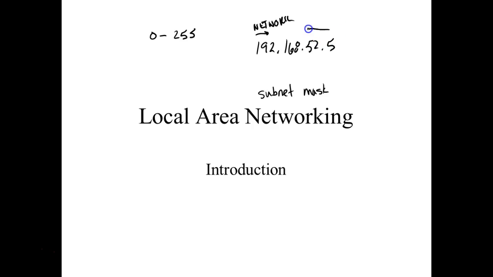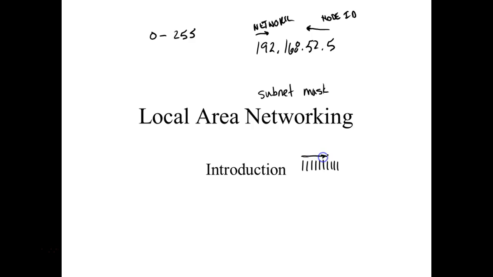Now, starting with the least significant byte, moving toward the most significant byte, this is the node ID. Now, to differentiate where that's at, we use something called a subnet mask. So the subnet mask starts with ones, and we keep going with ones until I get down to where I want.